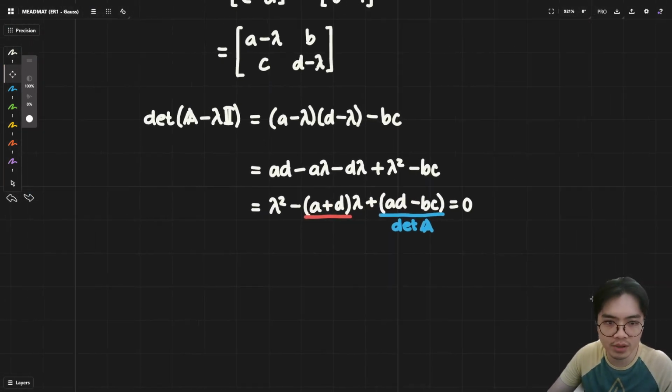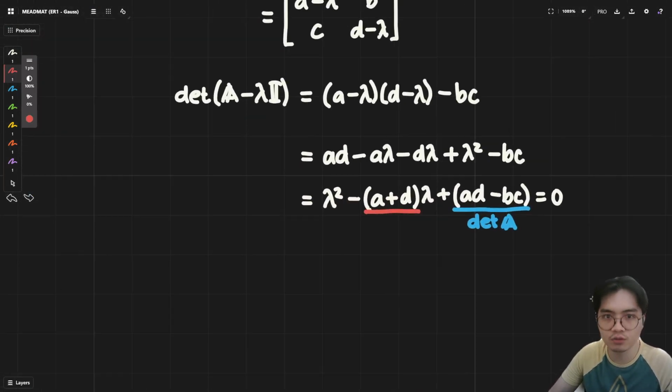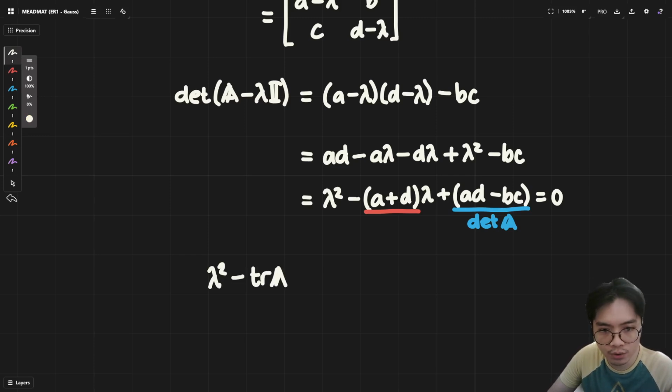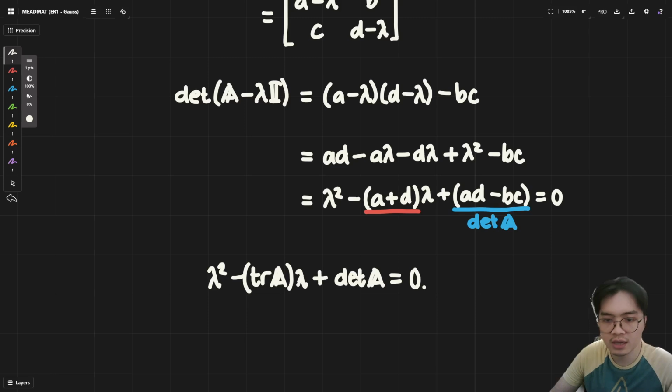So the general formula, so you don't have to expand all the way, is lambda squared minus the trace of your original matrix times lambda plus the determinant of your original matrix is equal to 0.